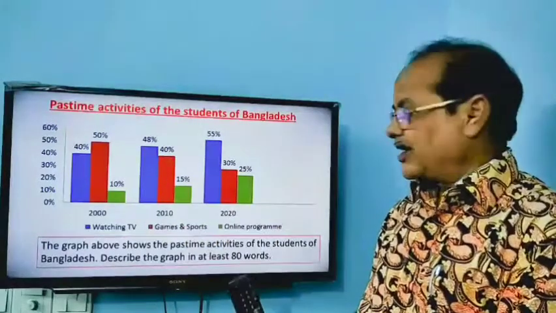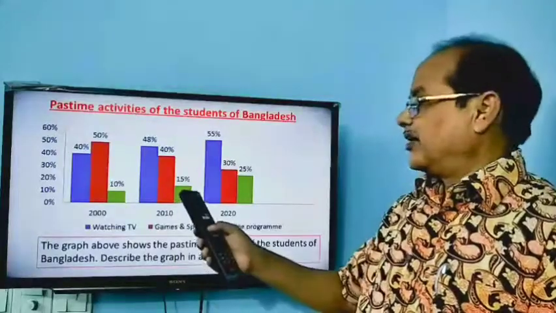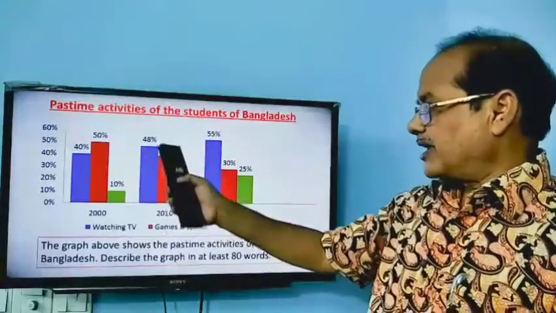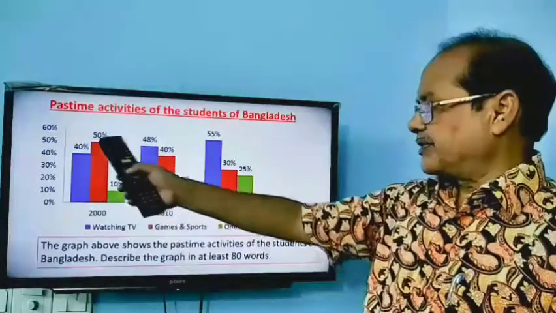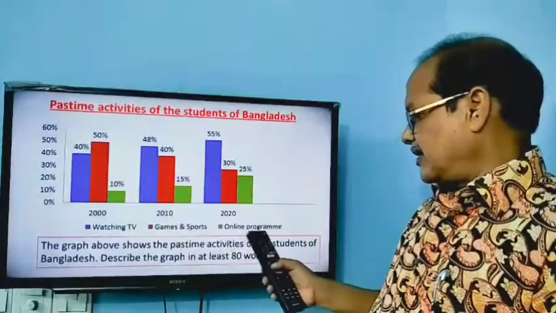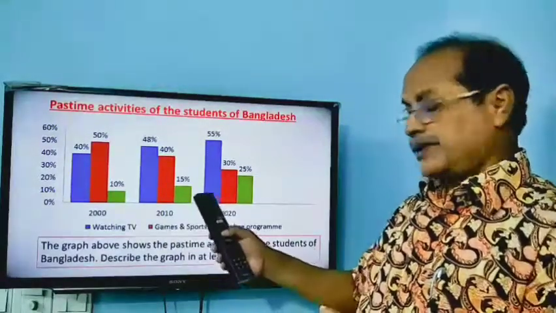They want to remain indoors and stay with their smartphone always, and that's why games and sports has decreased to a little extent, that is 50 to 40%.